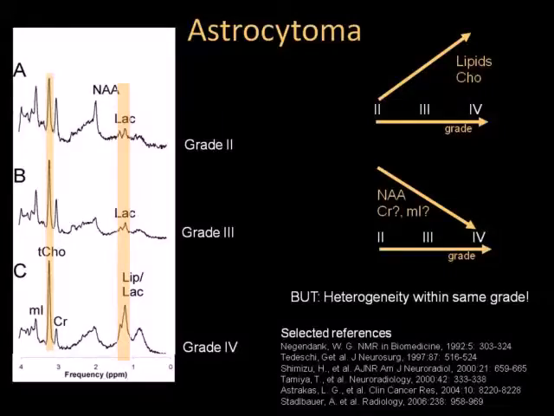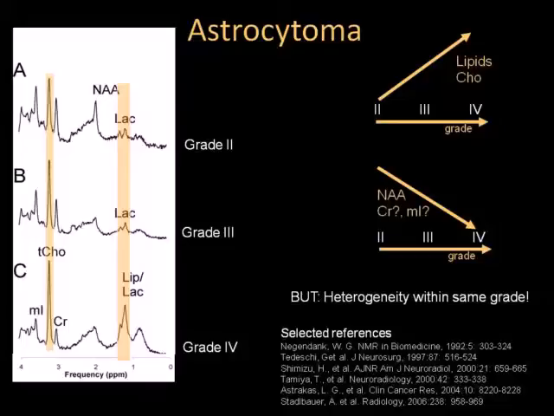Now, in terms of spectroscopy, if you do short echo spectroscopy, when you get an increase in choline, that does tend to correlate with higher grade. But my experience with spectroscopy is that there is a lot of overlap, especially between grade 2 and grade 3, in NAA and in the choline to NAA ratio, and that does limit what we can do with spectroscopy.